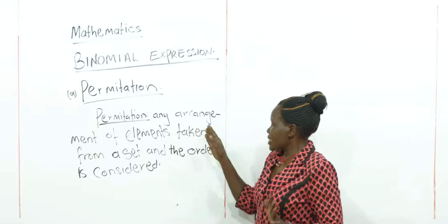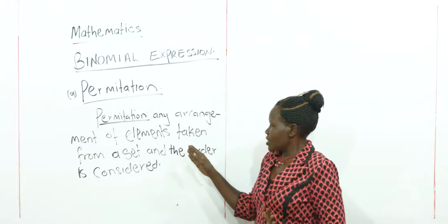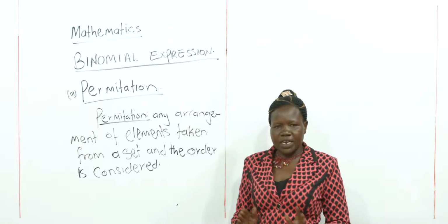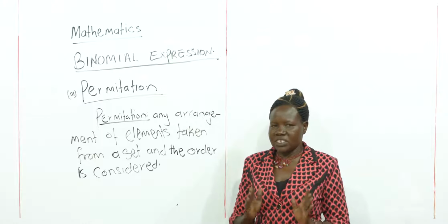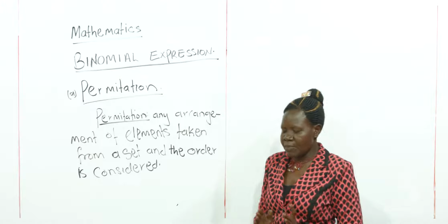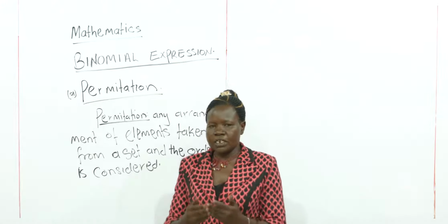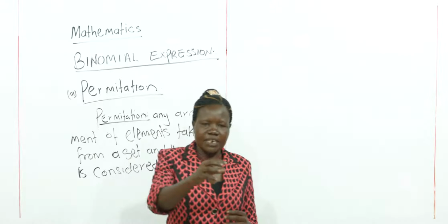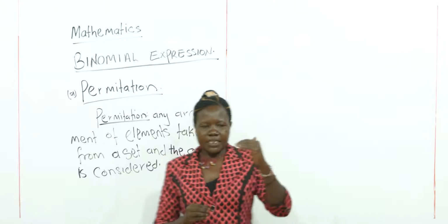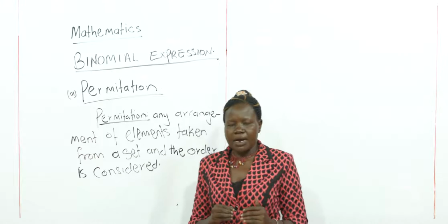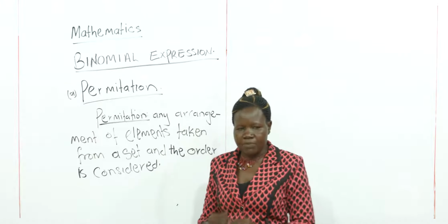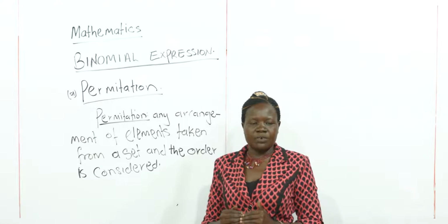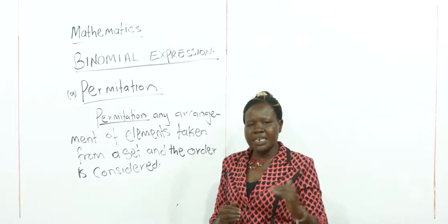So we can arrange our elements, which you can decide to take from any set, but make sure that the order must be considered and followed. For example, if I decide to pick some learners, I say let the tallest learner come first, followed by the second tallest person, and then we have the least one.